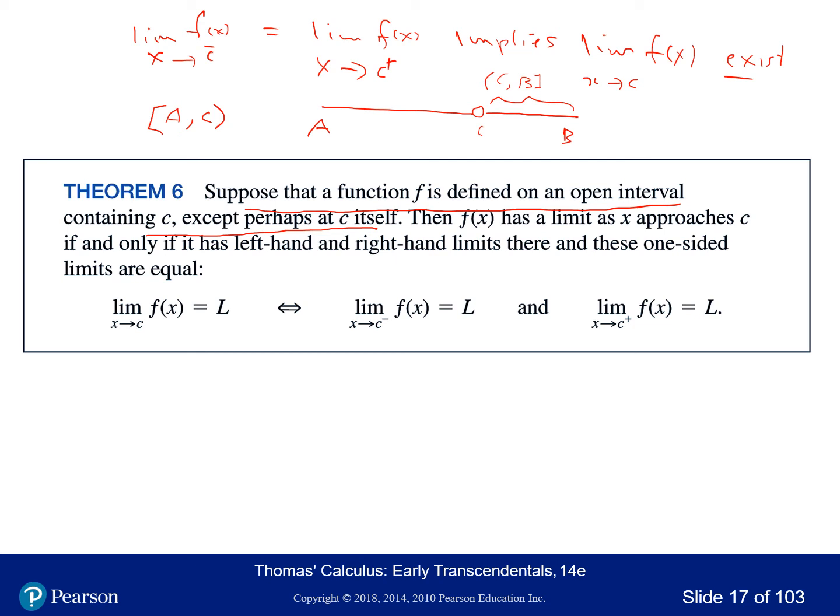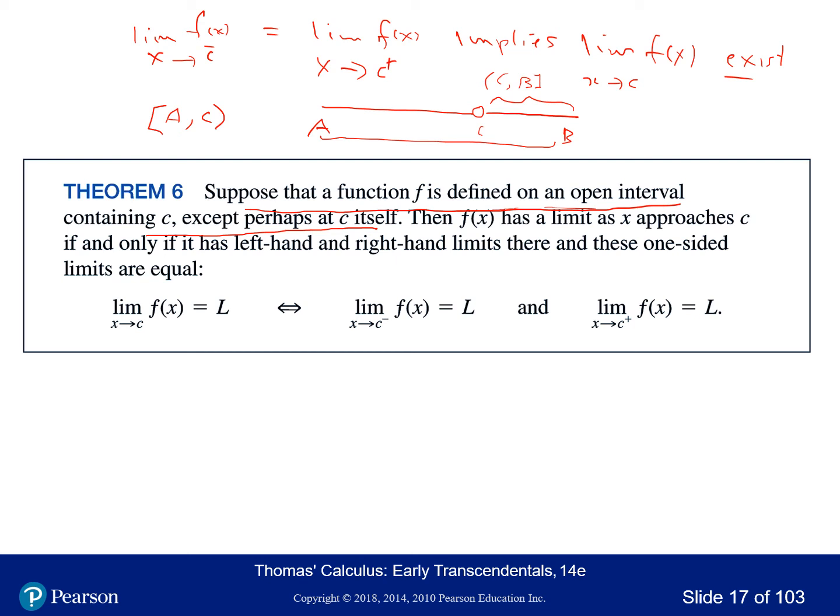Now that we have said this, let's continue. Suppose that a function f is defined on an open interval containing c except perhaps c itself. This interval from a to b contains c, but it does not include c in the function because c is not defined. So what is the conclusion?